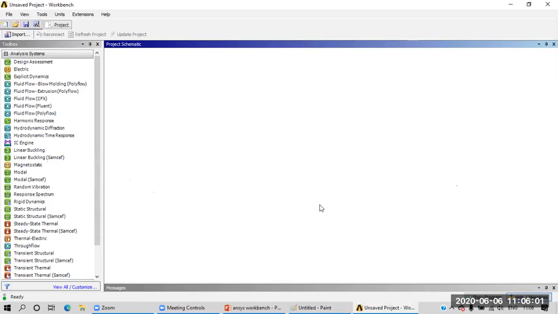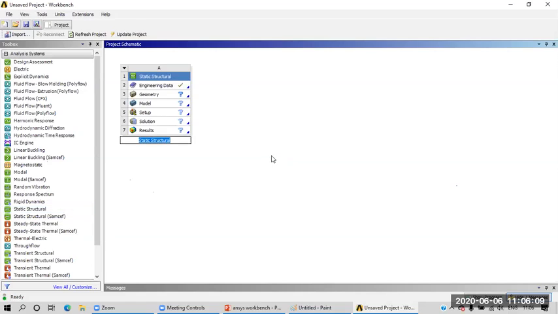I am going to start something and show you how finite element analysis actually works and what is meant by finite element analysis. For that, let me first make a geometry.